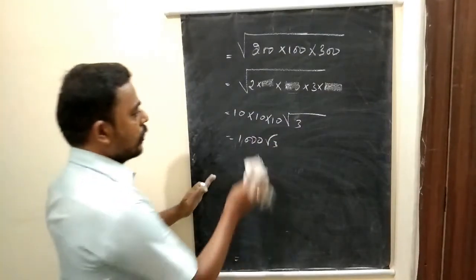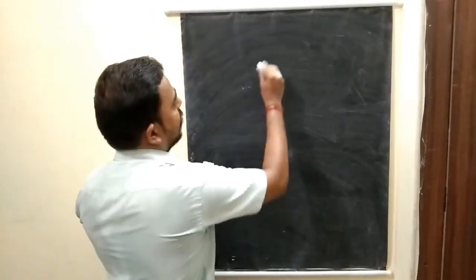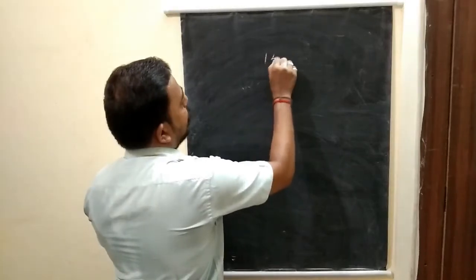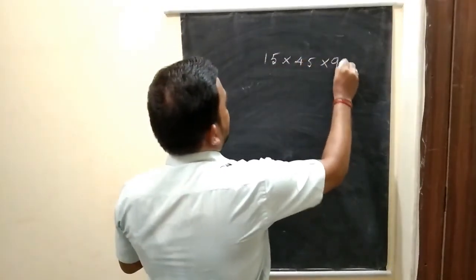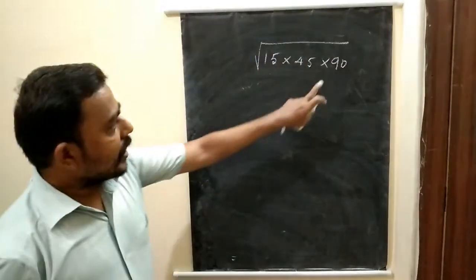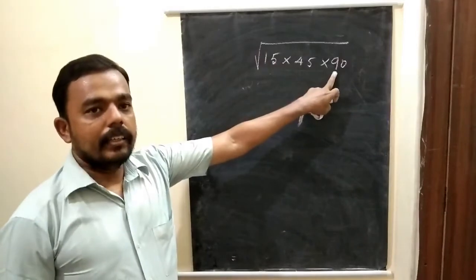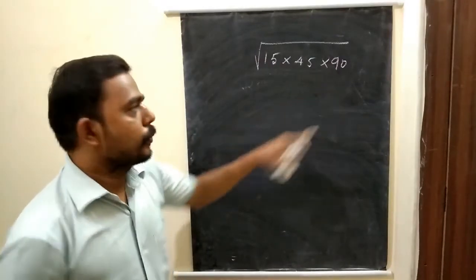Another idea, suppose 15 into 45 into 90. Some numbers like that are given. Now already we know that 90 is a multiple of 45. We can write 45 into 2.